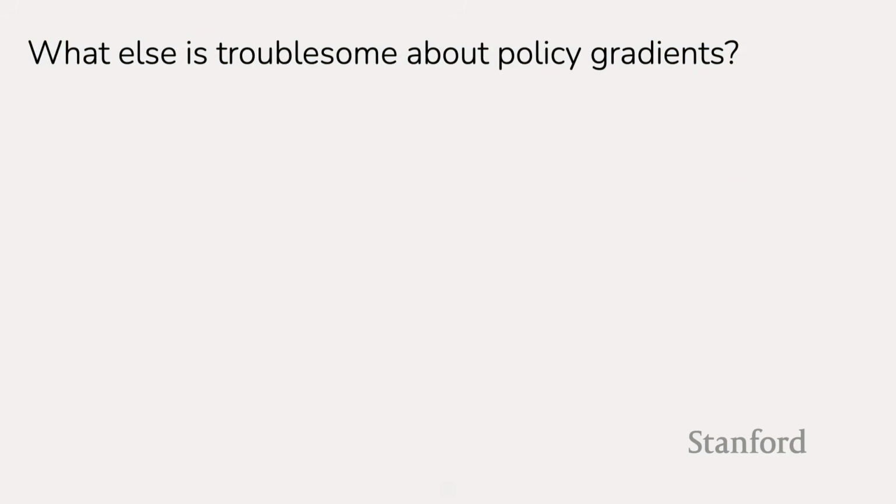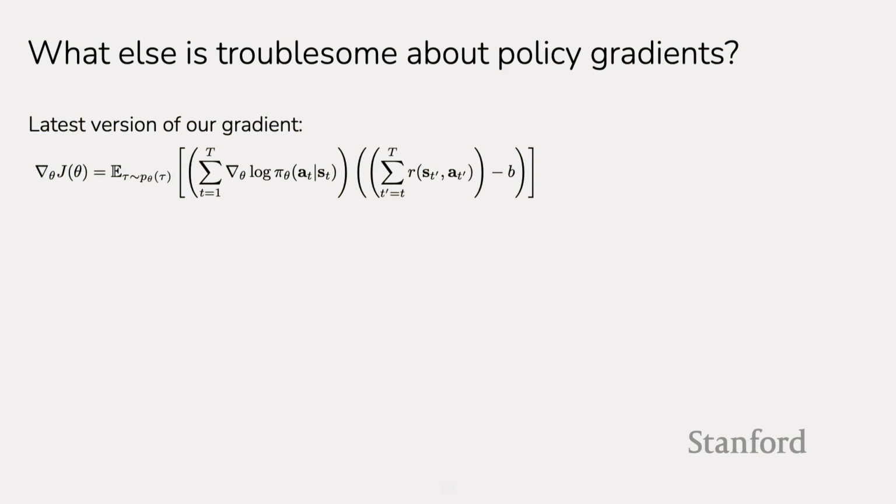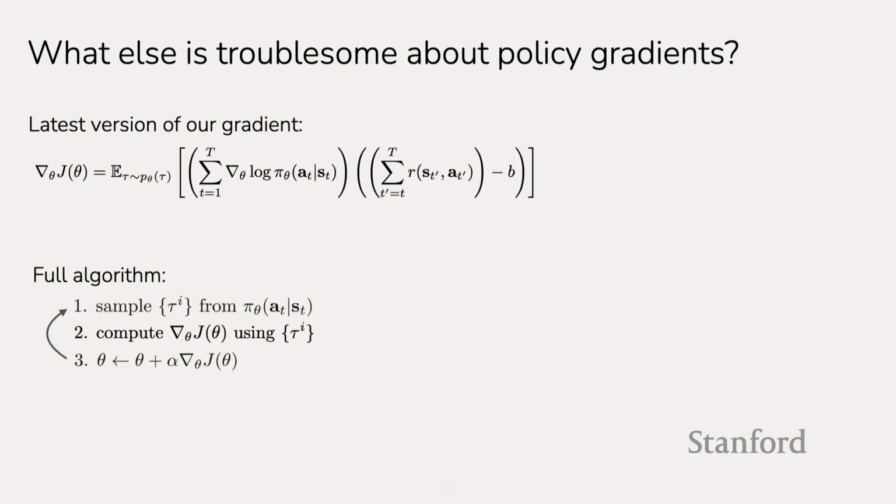Okay. Now the last thing we'll talk about today is what else is troublesome about policy gradients. One thing we haven't talked about that much is the details of the sampling process. This is what our gradient and our algorithm looks like. Note that this gradient assumes that we're sampling from pi theta, and we change theta in step 3.